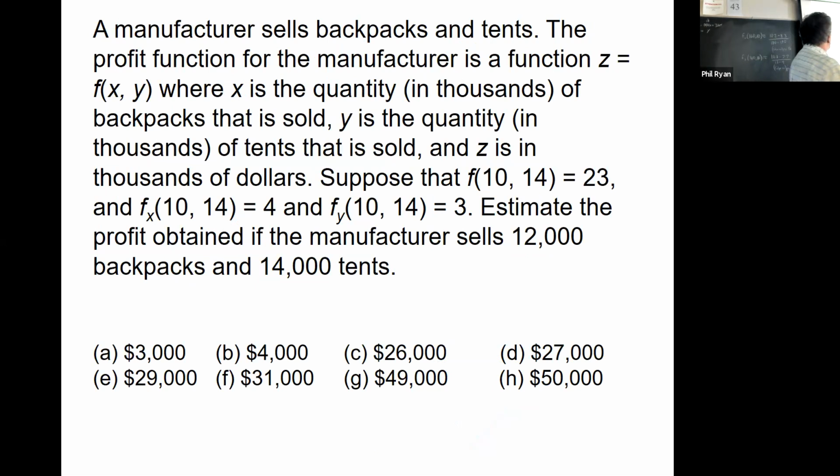Here's exactly the same question that we did before. So we know what the value of the function is, we know what the partial derivative is. So we can estimate. This is just an understanding question, taking the information and turning it into formulas.